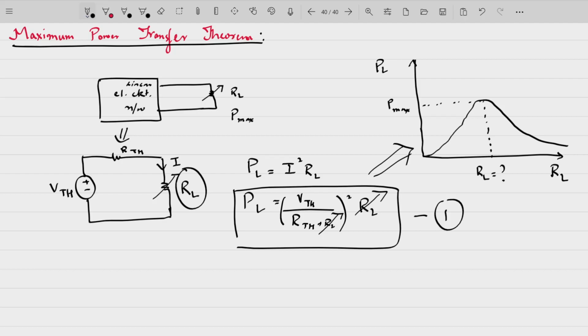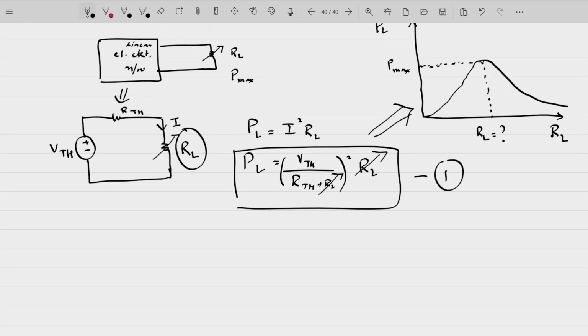So there is a point where a maximum power is being delivered to the load. What is the value of RL at that time? That is what we have to find out.